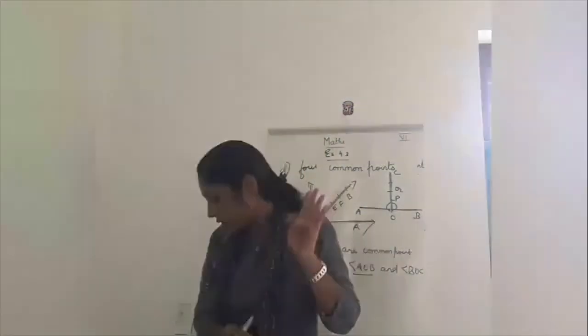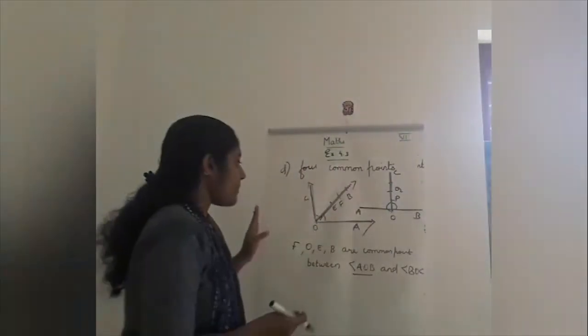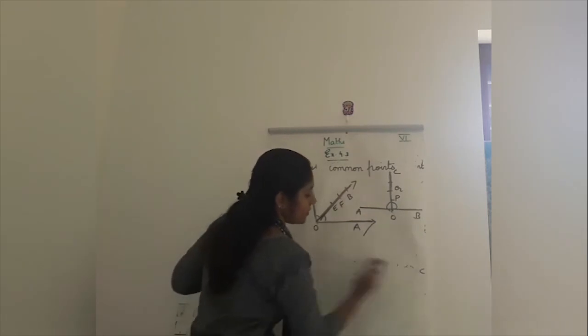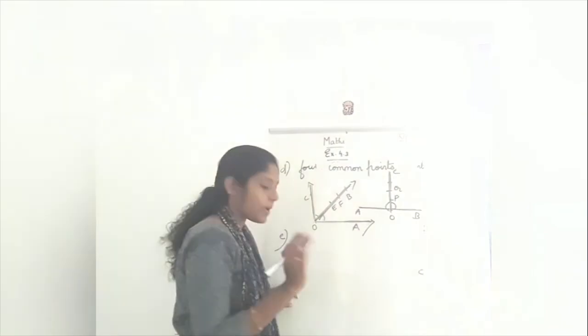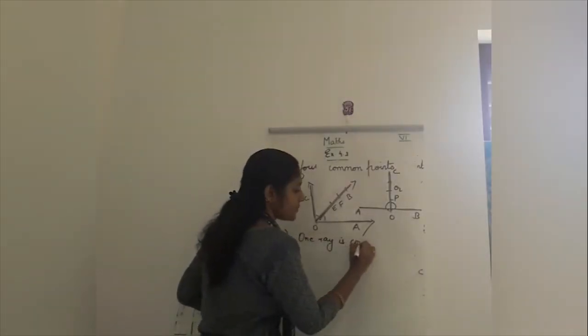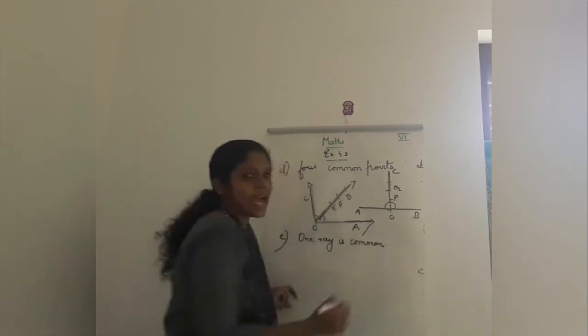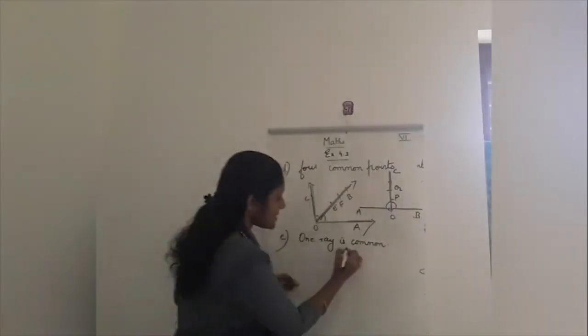Okay, so now the fourth question is that one ray is common. You have to draw two angles with one ray in common. You already know that an angle is made up of rays, so one common ray is easy to draw.